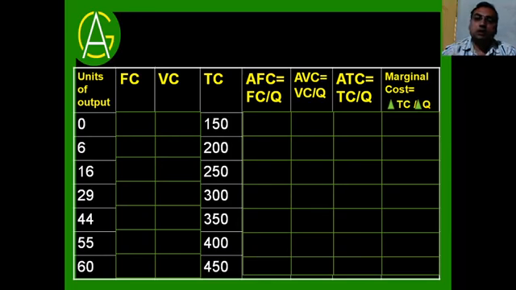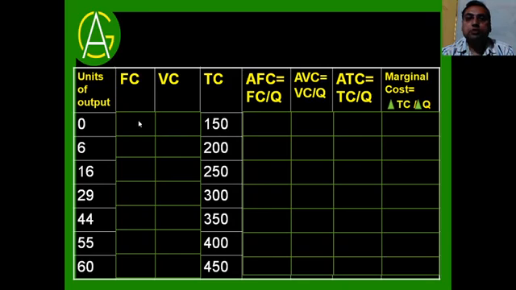Now these two columns will be given. Out of these two columns we have to prepare the full table. Now it is very much simple for you, because now you know that whatever is given here at 0 unit of output, 150 is total cost. It means that 150 will be the fixed cost, because at 0 unit of output variable cost is always 0.